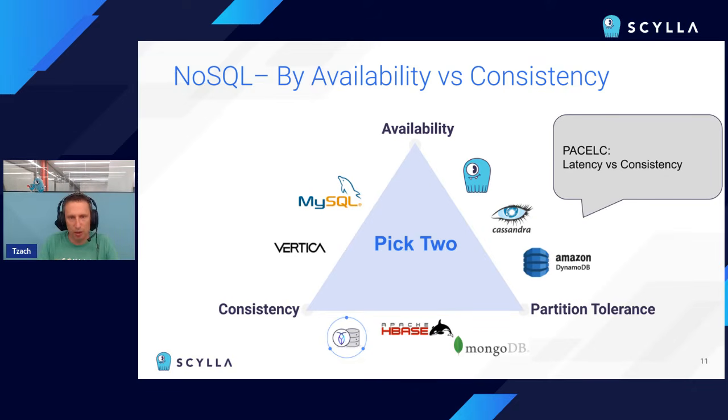And by available, I mean you can write to it and you can read from it. Scylla has something called tunable consistency, which means that you can control the behavior of the database if a few of the nodes are down, and I will give examples soon.